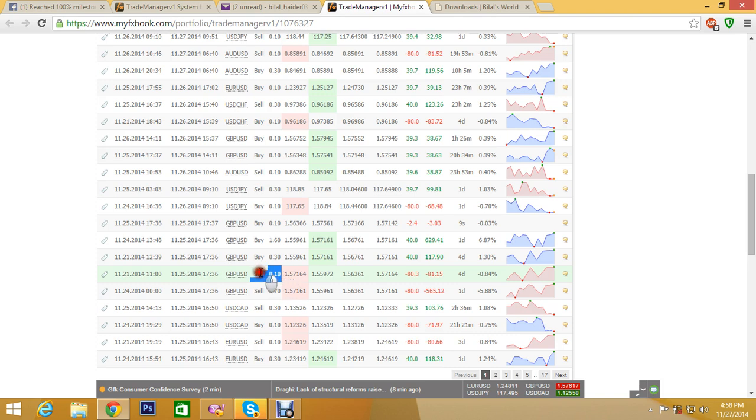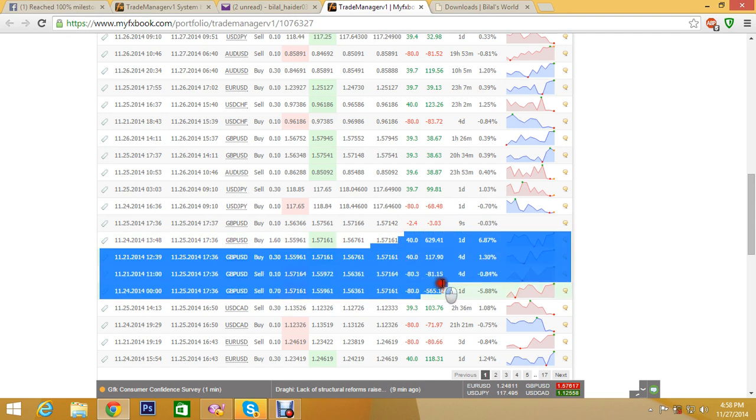It placed this trade first, then this trade went against us and it placed another trade, then that also went against us and it placed another, and that went against us too, so it placed this trade. But this trade went in our favor, and when it did, it closed all the trades at the same time.